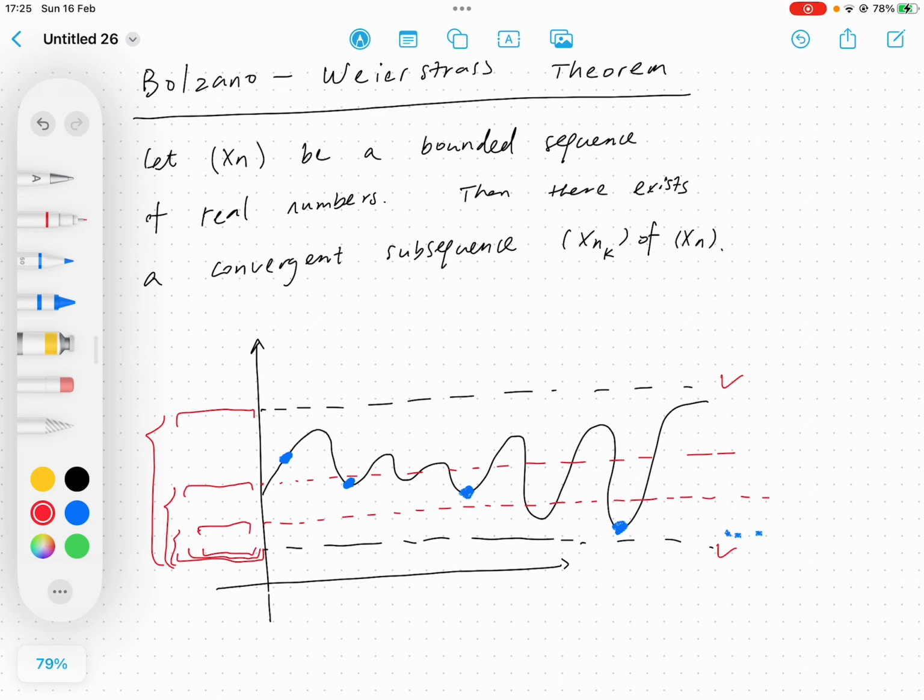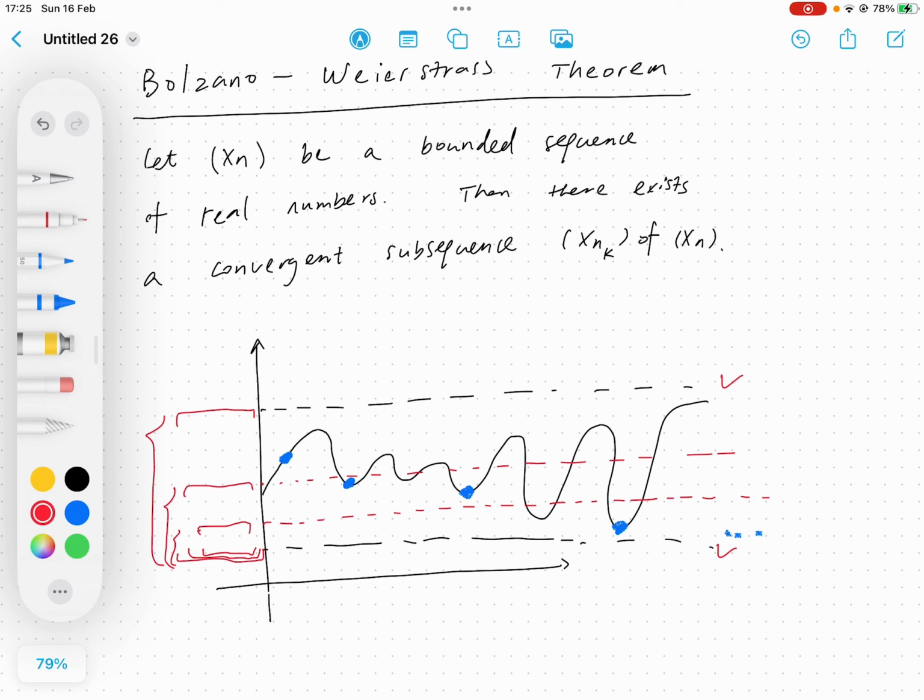From last time, we know that the intersection of those closed intervals cannot be empty. We also proved last time that this intersection of closed intervals must contain precisely one point, and that point will be exactly the limit of that convergent subsequence. So this is the rough idea of this proof.